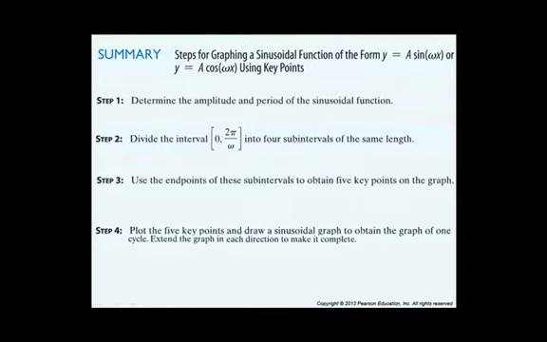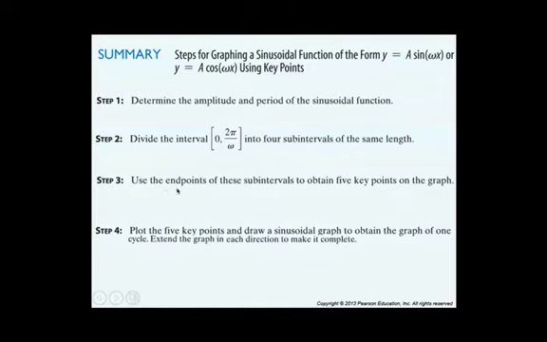As you can see from the summary, with the steps of drawing a sinusoidal function, the first thing we need to do is determine the amplitude and the period of the function. Then we need to divide the interval into 4 subintervals of the same length. And then we need to use the endpoints of these subintervals to obtain the 5 key points on the graph.